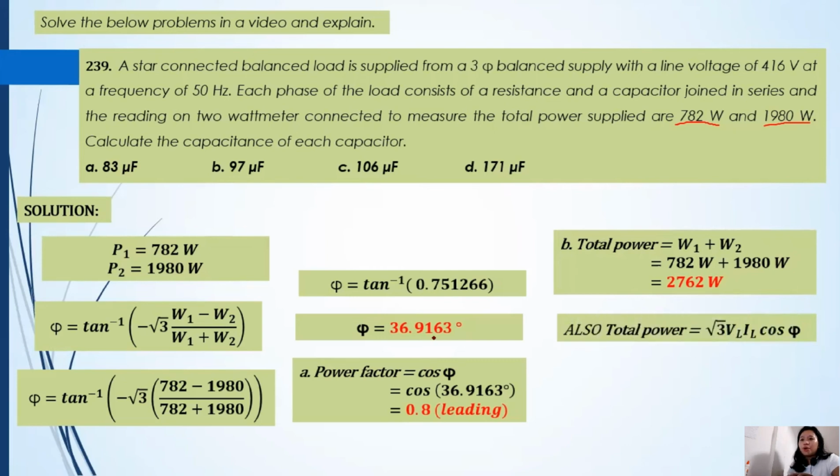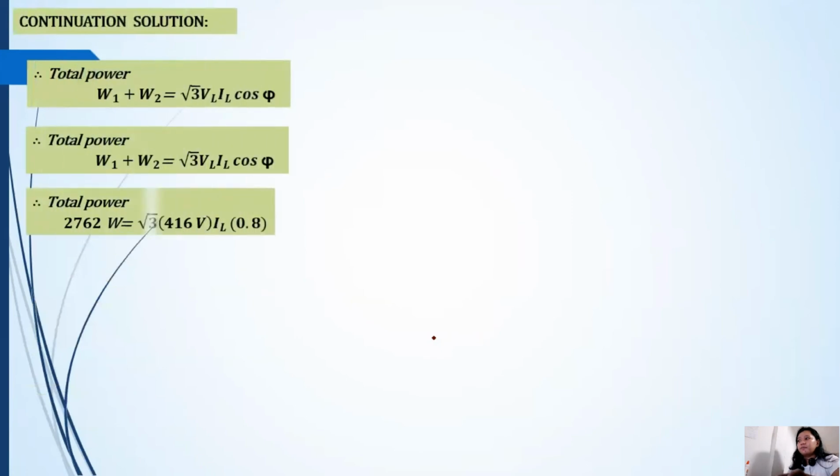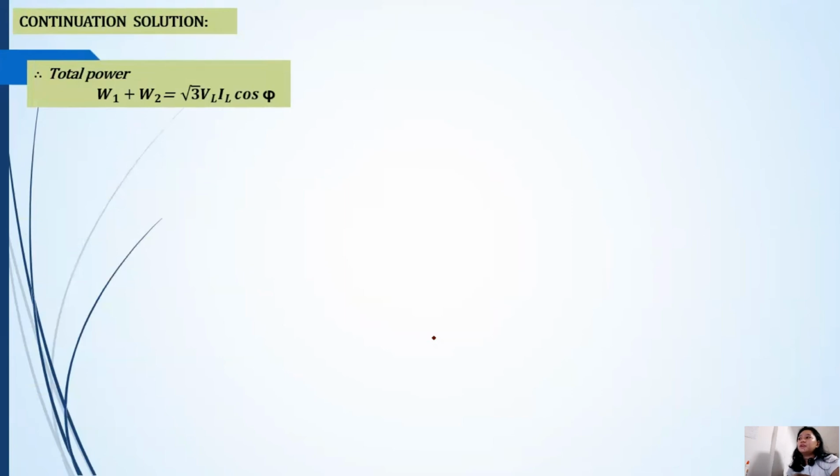Also, the total power formula, as I discussed in the previous number, is the square root of 3 times the line voltage times the line current times the cosine phi. So we will just equate the two formulas to get our line current. So the sum of the two powers is equal to the square root of 3 times the line voltage and the line current and the cosine phi.